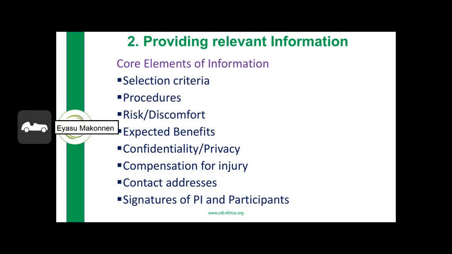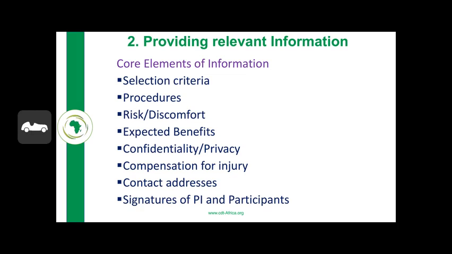After assessing the prospective participant's competency, if he or she is competent, fully autonomous, we can provide relevant information. The core elements of information include selection criteria through which the participant will be selected, the relevant procedures which help participants decide to participate or not.